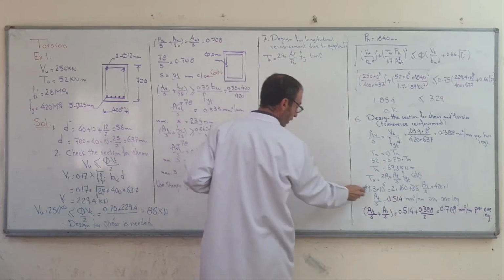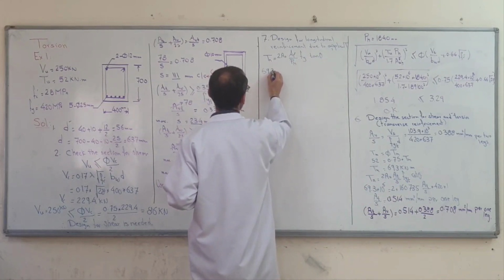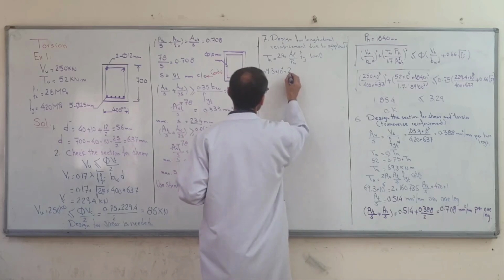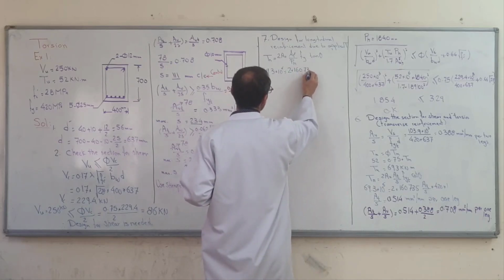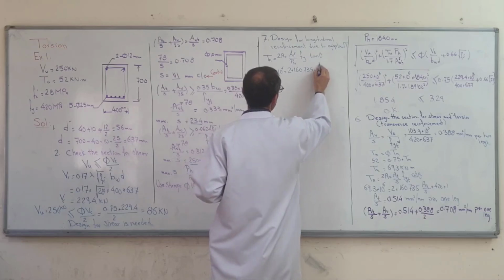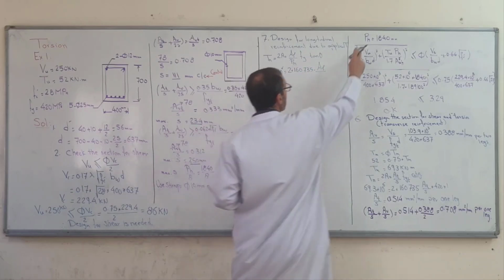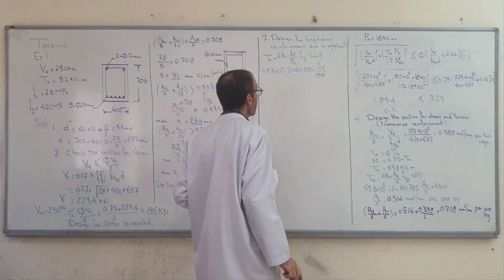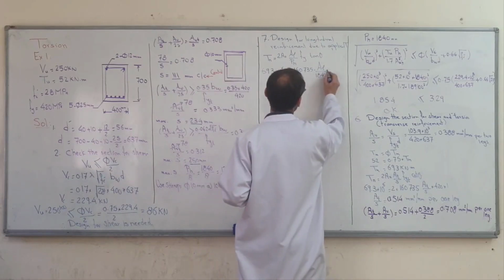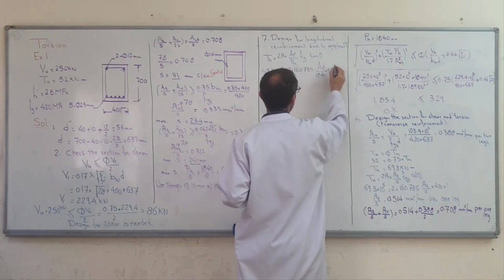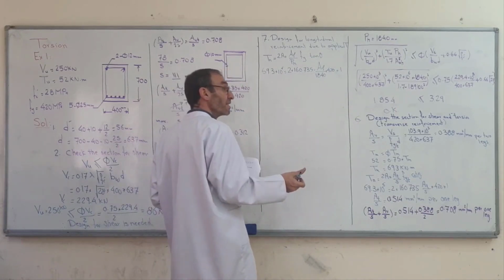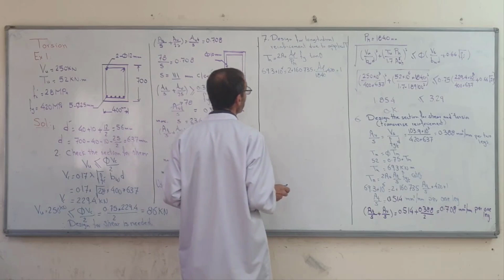We know Tn, 69.3 times 10 to the power 6, and A naught. pH is now 1840, and Fy is 420. Tan theta equals 1, since we use 45 degrees for the angle of cracks.